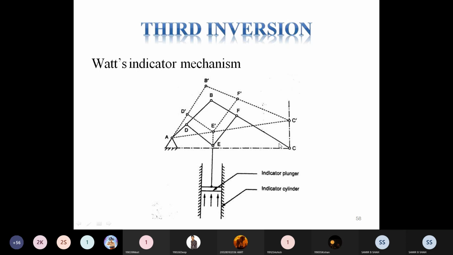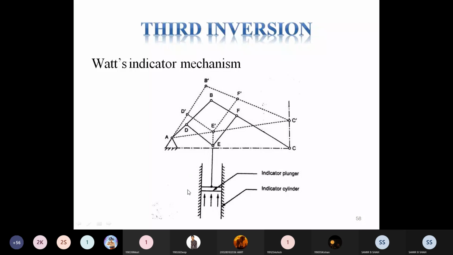Due to that, C may reach up to C dash, E reaches up to E dash, and due to this we get B at point B dash.